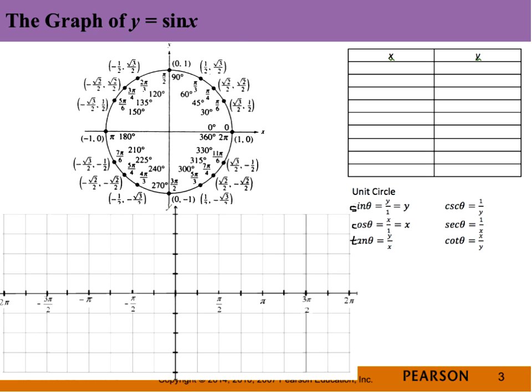We want to take a look at what the graph of the sine of x looks like. I'm just choosing some points that go around the circle here. So I'm going to choose x equals 0.